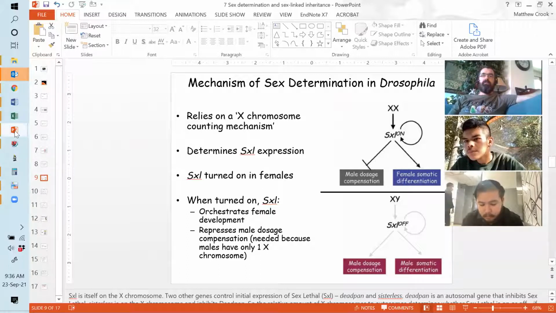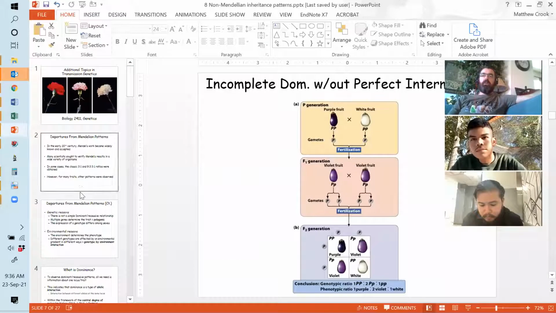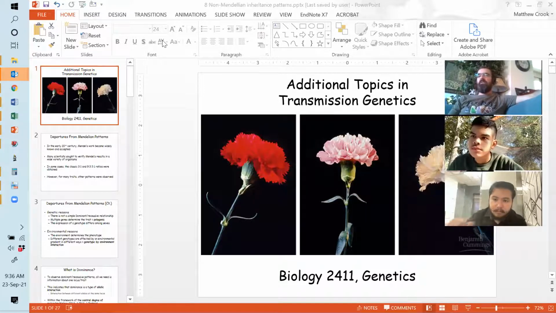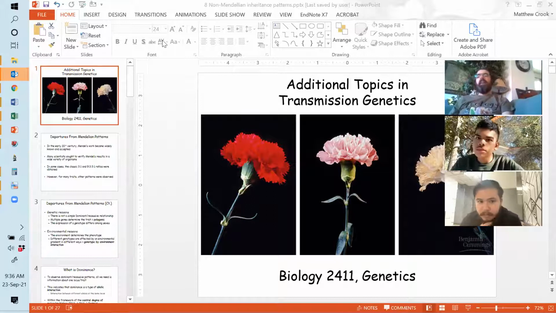Oh, good stuff. Okay, so what we're going to crack on to here is essentially other aspects of non-Mendelian inheritance.